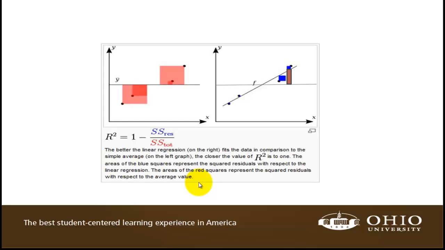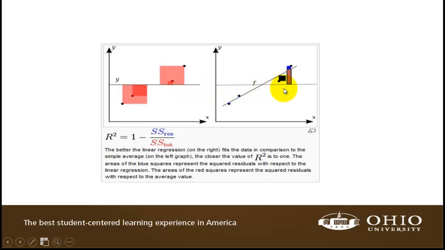Let's take a look at these two graphs right here to illustrate what we mean by R-squared. If you take a look at the graph on the left, you can see y bar. You see 4 values for y, and the differences between the values for y and y bar are the total variation.